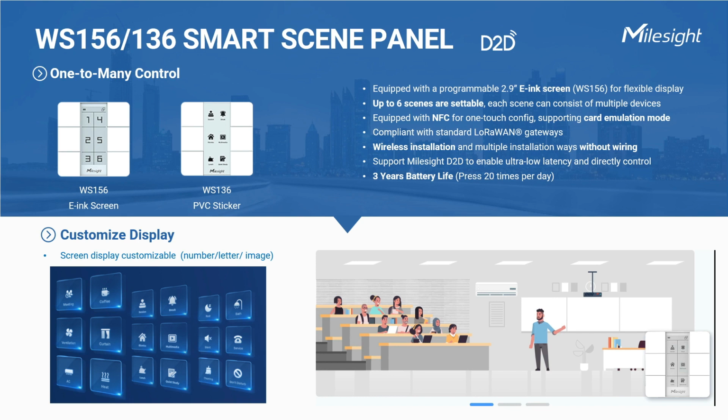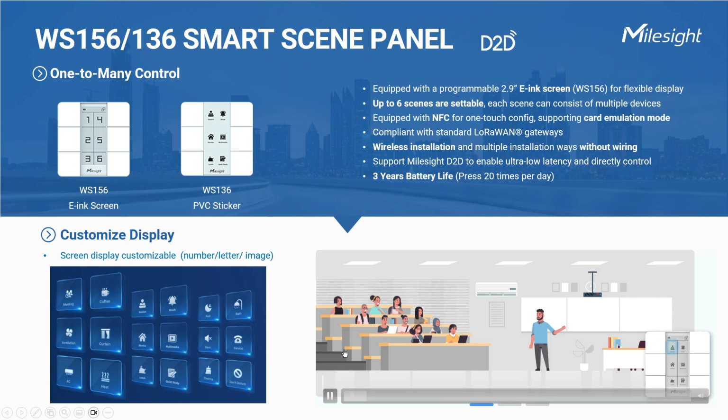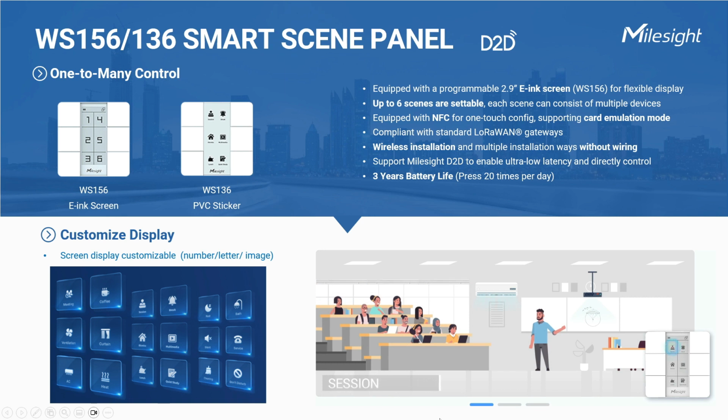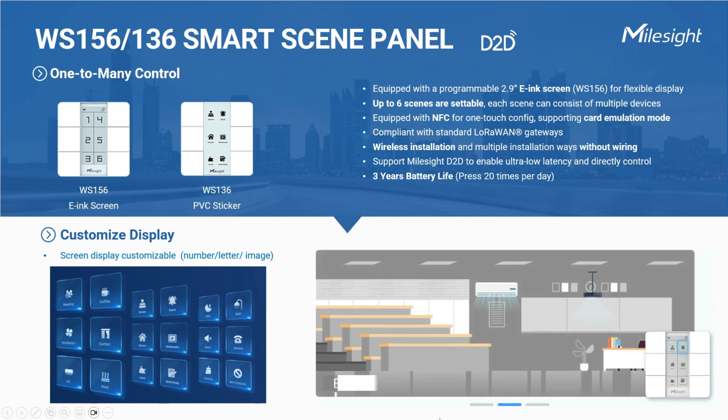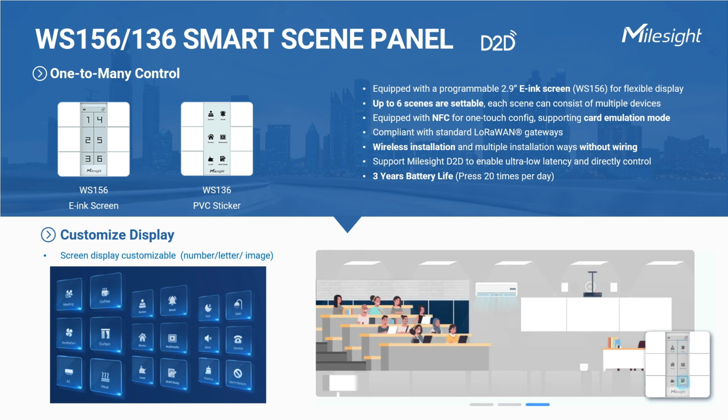The next product we can use to build up a smart lighting solution is the Smart Scene Panel. In fact, it's a battery-powered control panel that can simply activate different predefined scenarios with one press. With it, you can solve multiple needs and at the same time save individual operations and reduce the surface of the wall occupied by the individual switches so as to enhance the efficiency and the design of the entire facility.